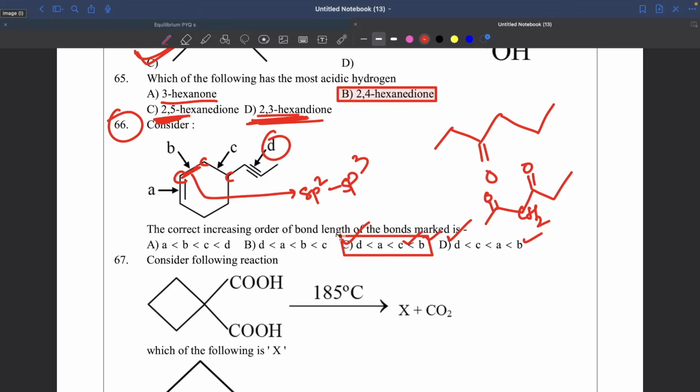Simple question है, but logic थोड़ा लगाना है. Confusion कहाँ भी नहीं होगा. Double bond, triple bond के ऊपर कोई confusion नहीं है, but problem कहाँ है, दोनों single bonds की जगह confusion आ गए. This single bond is due to two sp3 hybrid orbitals. This is due to sp3 and sp2. As percentage of s character increases, bond length decreases. We know that. So, that is the answer.